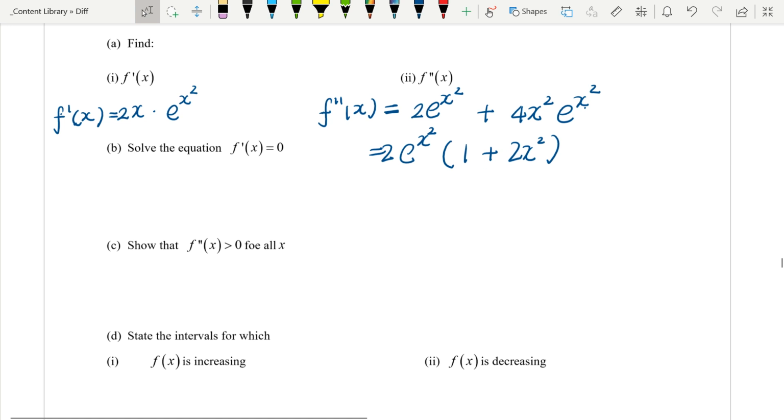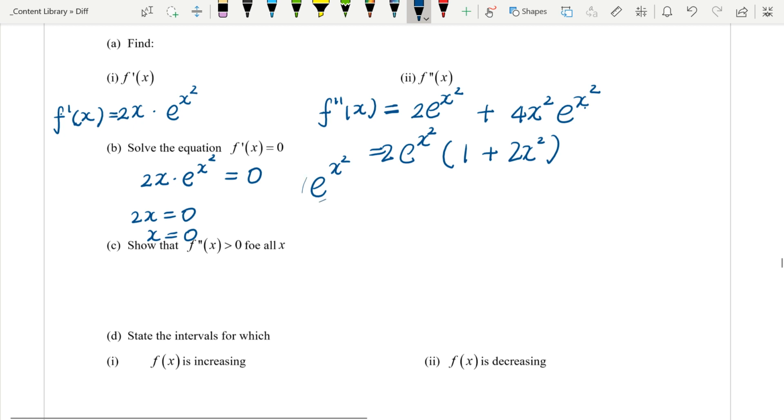Okay. Solve the equation f dash x equals 0. How to solve that equals 0? So x equals 0, or can I have this equals 0?